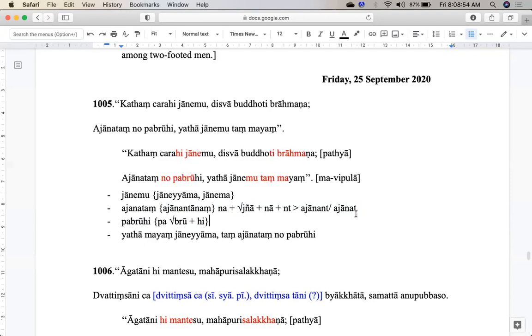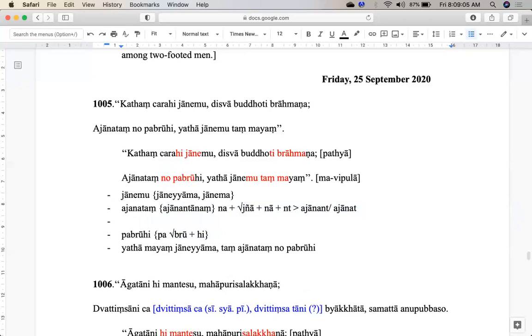That is dative case, modifying the no. The no in Pāli can be nominative plural, accusative plural, dative, and genitive plural also.